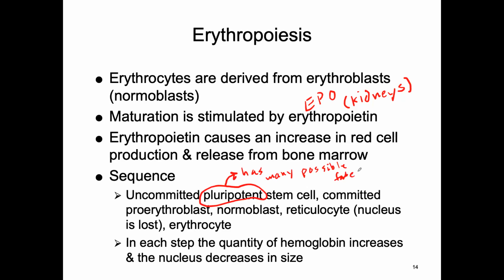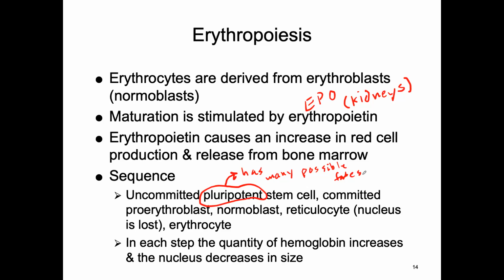Could become many things. And then a committed proerythroblast. Pro means before. Then a normoblast, then a reticulocyte. Right. Then the nucleus is kicked out before the reticulocyte forms, and then it becomes a full-blown erythrocyte.